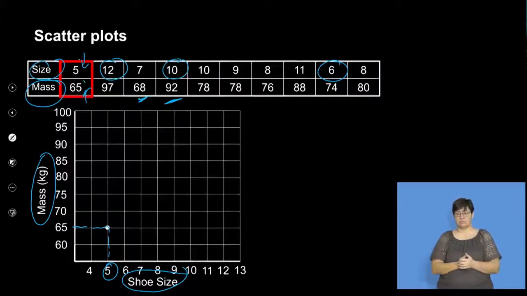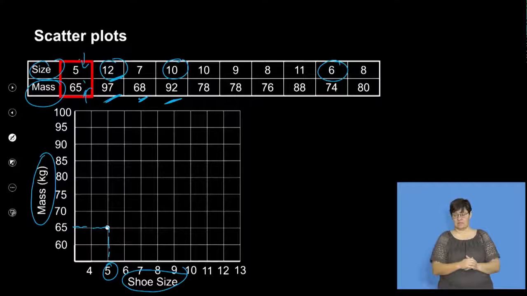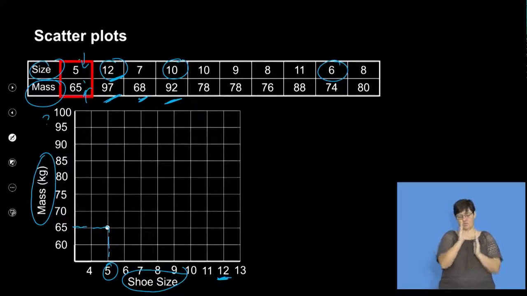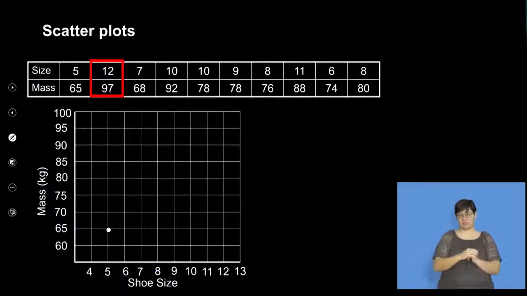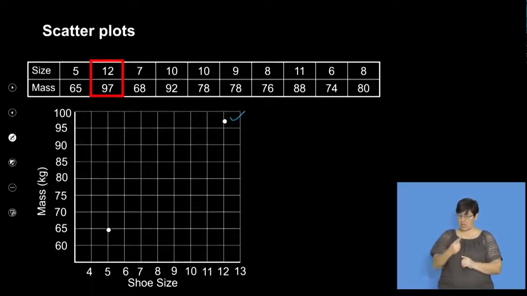When x is 12, what is y? 97. So we have 12, and 97 is between 95 and 100. There's the point there. So we already have 2 points. Based on this, can I say there is a correlation?